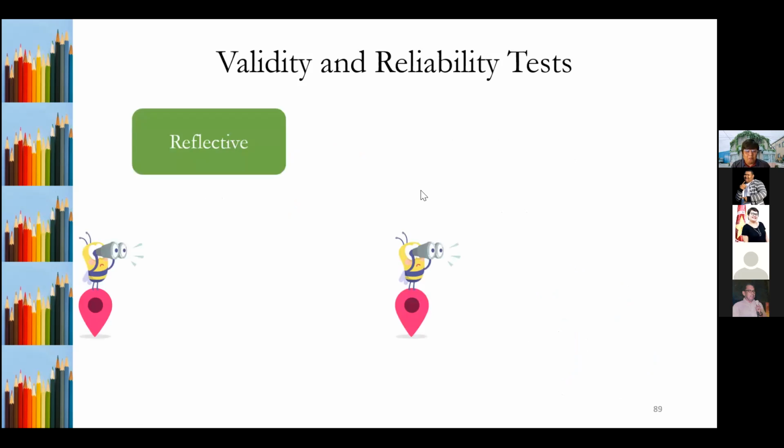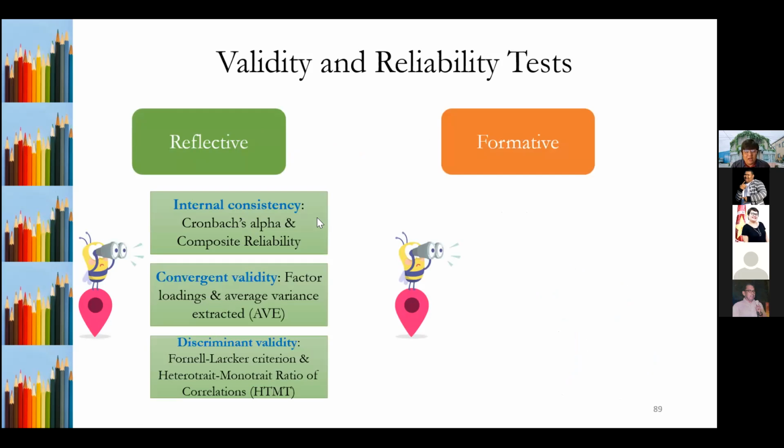Now, as I mentioned, in terms of validity and reliability tests, magkaiba ang measurement nila. For reflective construct, these are the three requirements in order for you to establish that the constructs used in the study are both valid and reliable. Number one is reliability, which is a measure of internal consistency.